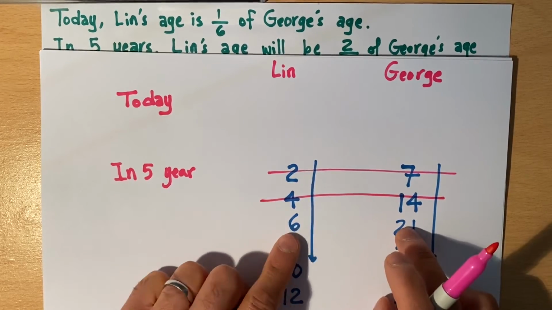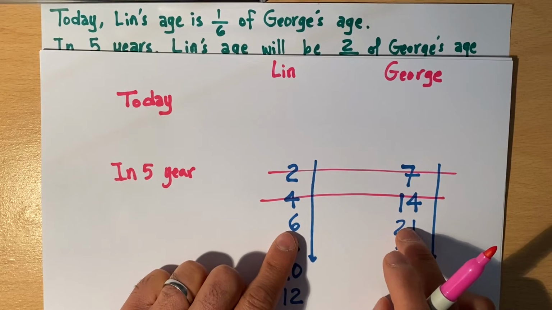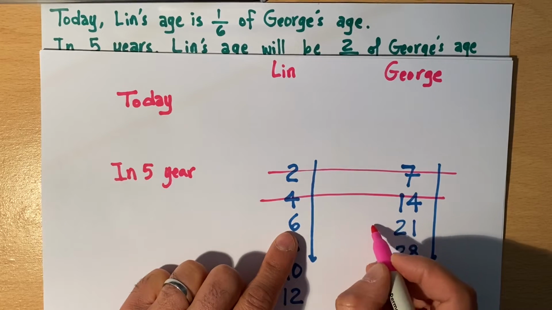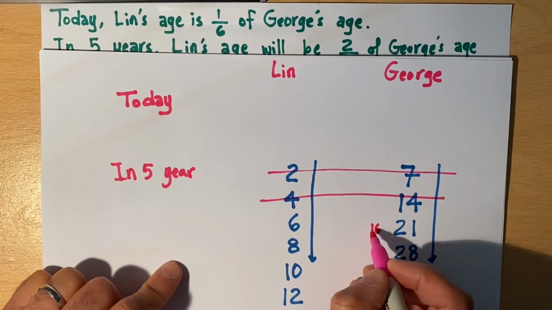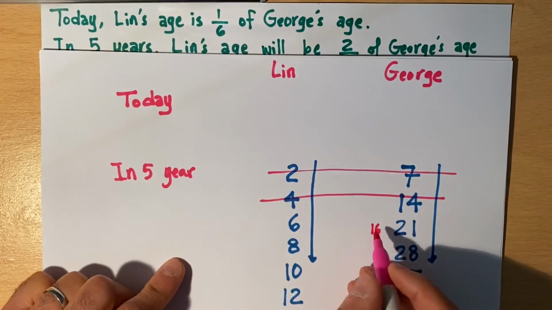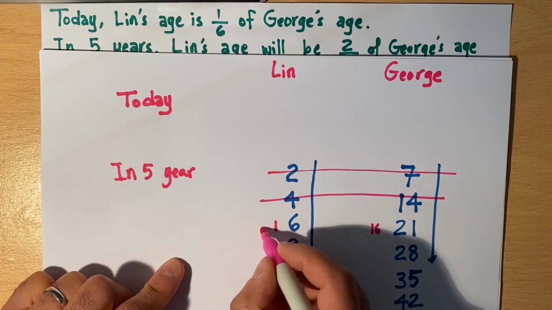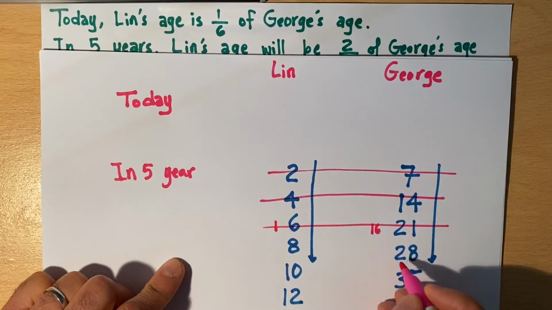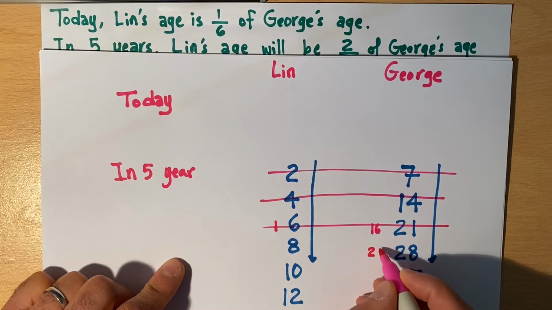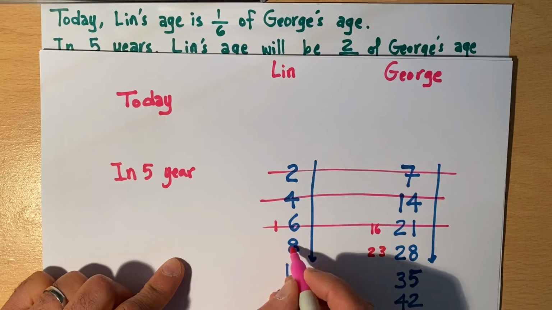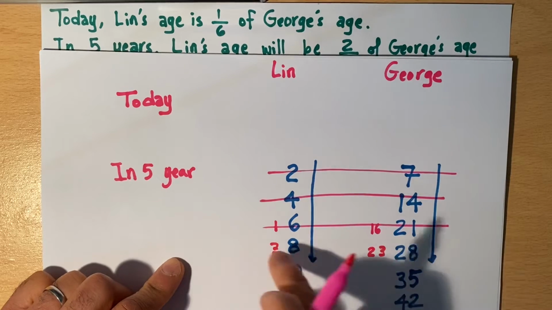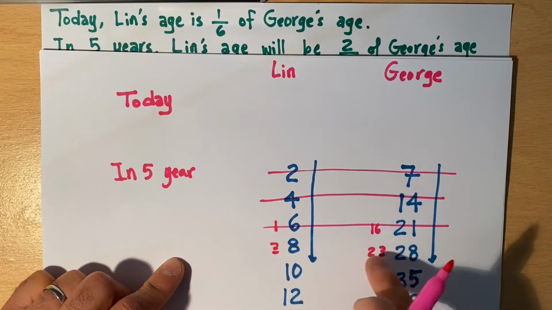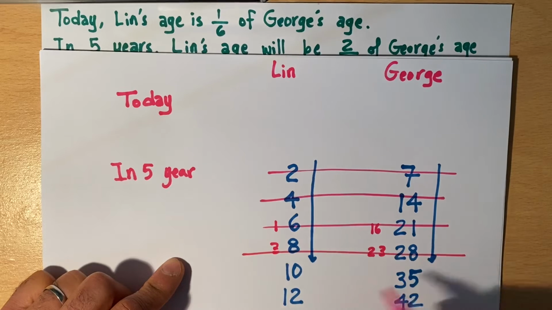Well, if it's 21 and 6, what were the ages 5 years before? So this was 16, and 16 is not divisible by 6. This is 16 and 1, so we know that that's not going to work. 28 and 8, so 5 years ago George was 23 and Lynn was 3. 23 not divisible by 3, it's not 1/6, so we're eliminating.